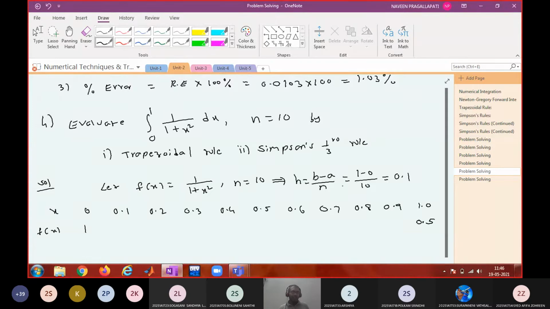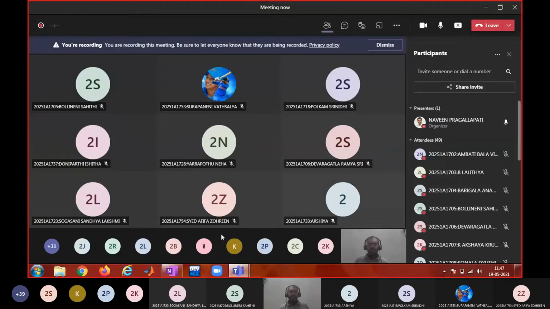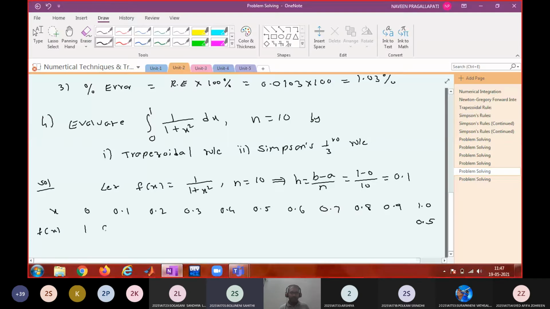What is the value for x equal to 0.1? 0.9901, sir. Next value. 0.9615. Next value.